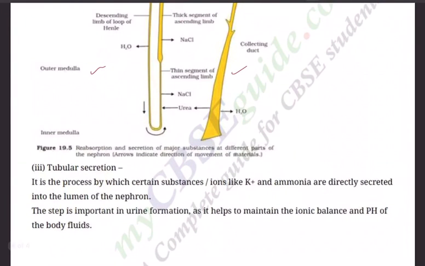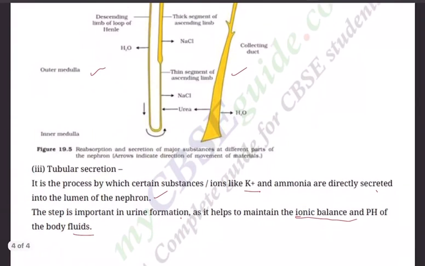And third step, tubular secretion. It is the process by which certain substances or ions like K+ and ammonia are directly secreted into the lumen of the nephron. The step is important in urine formation as it helps to maintain ionic balance and pH of the body fluids.